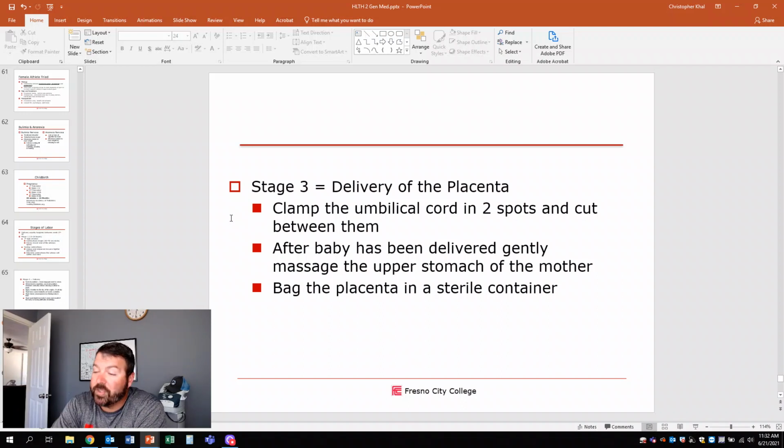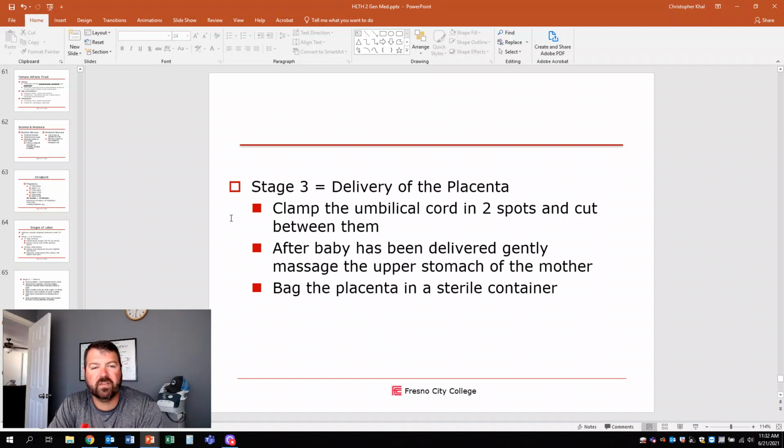So stage 3 is delivery of the placenta. After the baby comes out, you have to deliver the placenta. This is where they would clamp two spots on the umbilical cord, and usually the father would cut it, and then the placenta, which is the connection piece to the mother's womb, gets delivered.